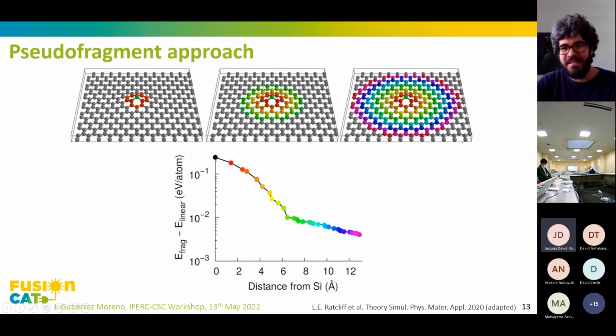On the other hand, if we progressively increase the number of fragments, as you see here or here, so we define more and more fragments as a function of the distance from the vacancy or from the defect that we have created or from this doping, then of course the simulation will get a bit more complex, but the accuracy will be much better.